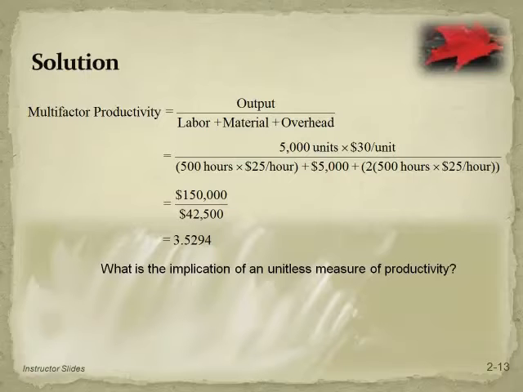The ratio of those two numbers was 3.5. So that is our multi-factor productivity. Now don't worry about that question at the bottom of the slide, the implication of a unitless measure of productivity. That's not important. Don't worry about it.